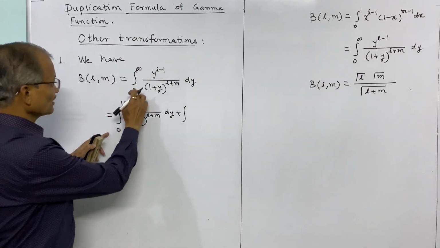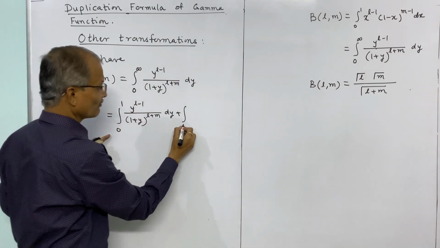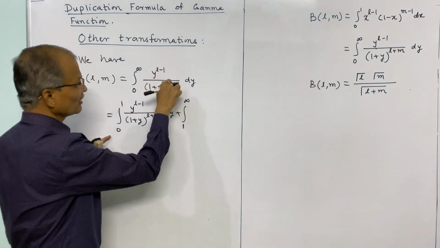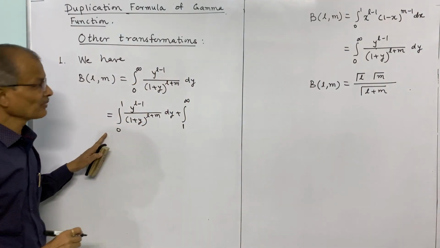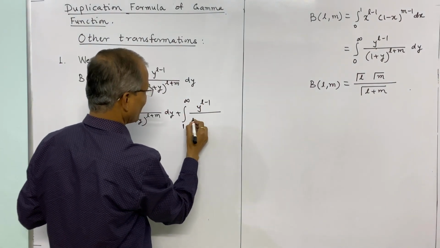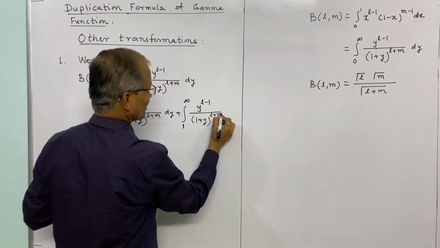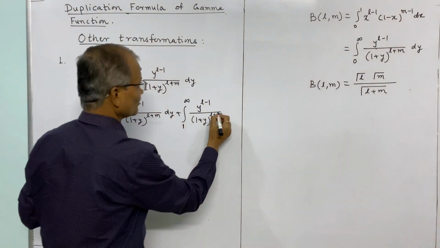The total range is 0 to infinity, so we write 0 to 1 and then 1 to infinity. The integrand will be the same, y to the power L minus 1 divided by 1 plus y to the power L plus M into dy.